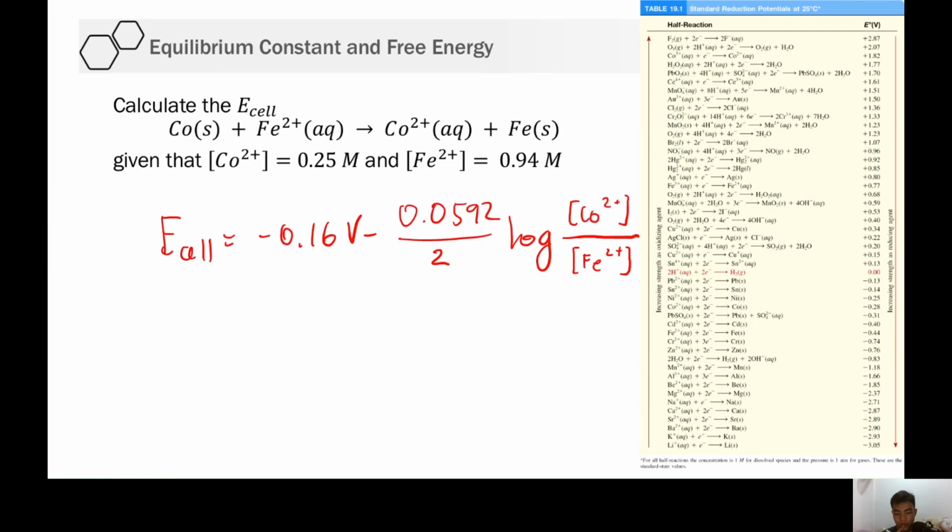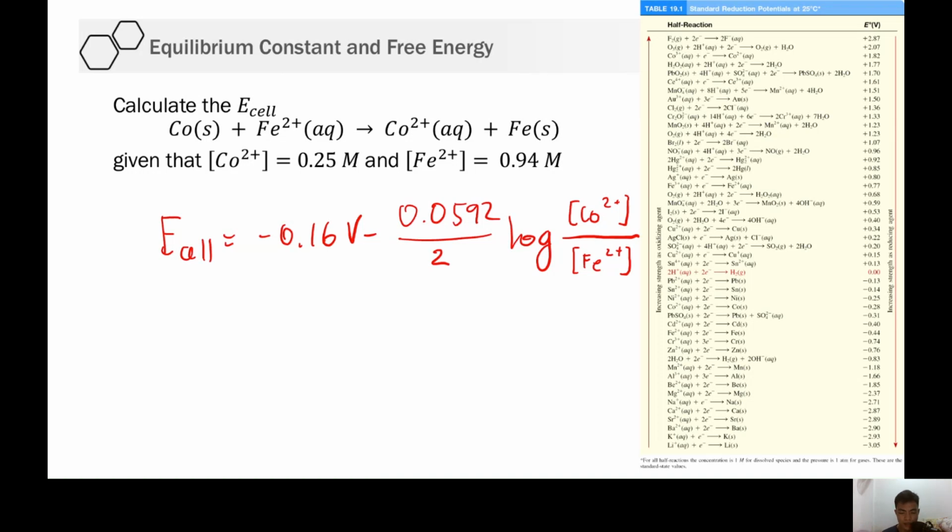So we now know the E naught cell, which is negative 0.16. We now know the N, which is 2. When we rebalance the equation, we can just see that the moles of electrons is 2. And then we have the concentrations. We have the expression for the Q: product over reactant, so that's cobalt 2 plus divided by iron 2 plus.